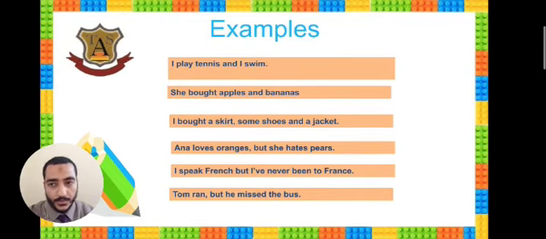Tom ran but he missed the bus. So it's according to your understanding of the two sentences. First, try to understand the two sentences, then join them using the conjunction and or but.